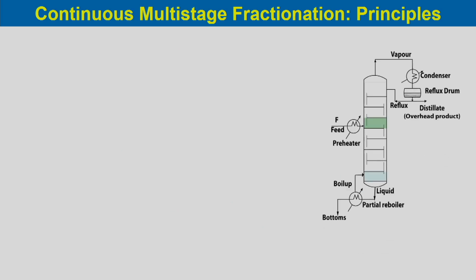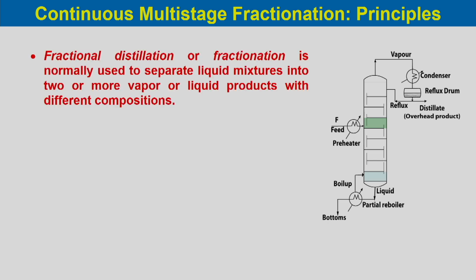So, this is a typical tray multi-stage distillation column, as you have seen earlier. Fractional distillation or fractionation is normally used to separate liquid mixtures into two or more vapor or liquid products with different compositions.